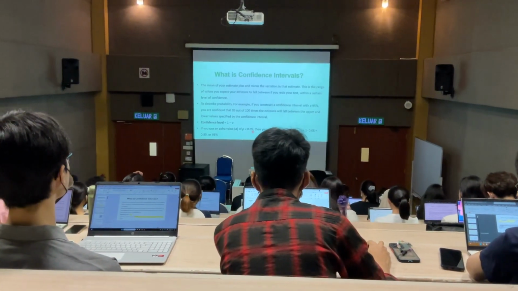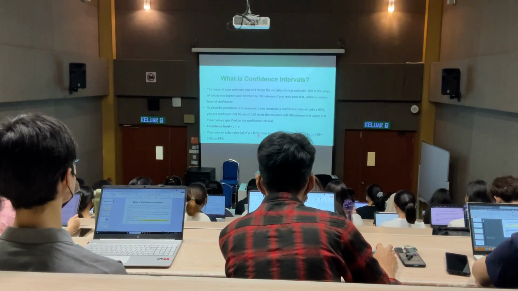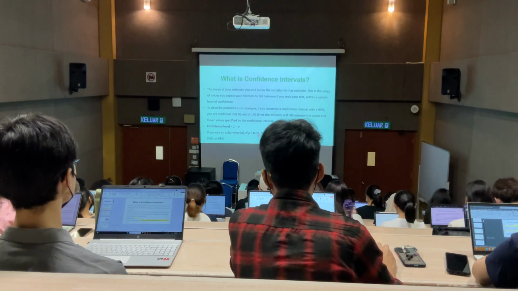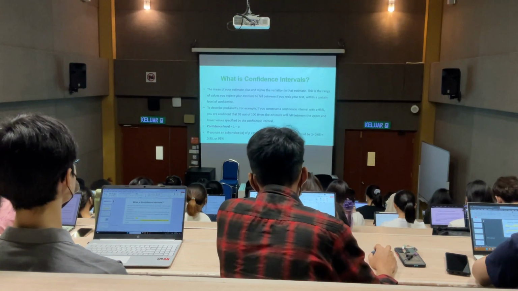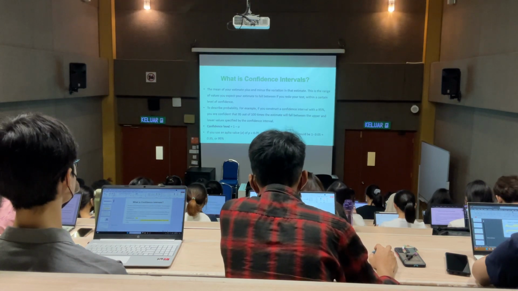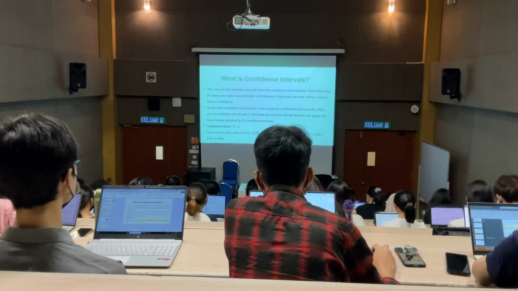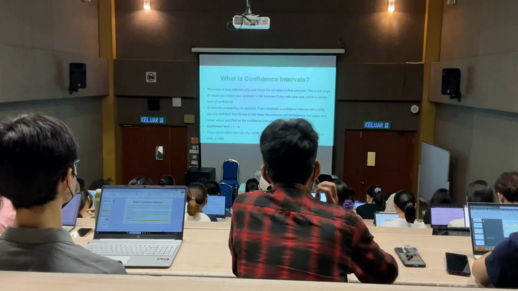So there is a simple formula for you to calculate your confidence level, which is 1 minus the alpha value. A is the alpha value. Actually, alpha value is the p-value that we learned in our last lesson.